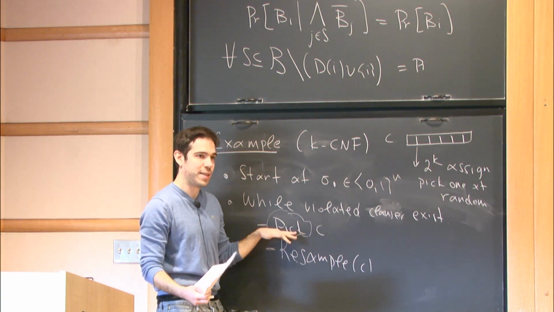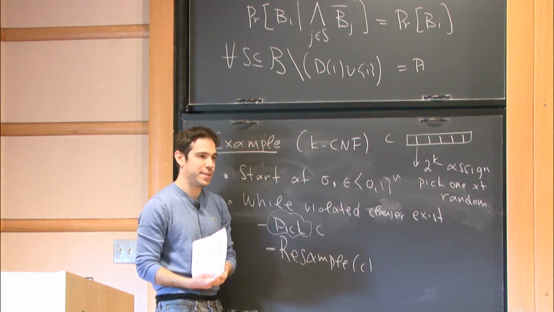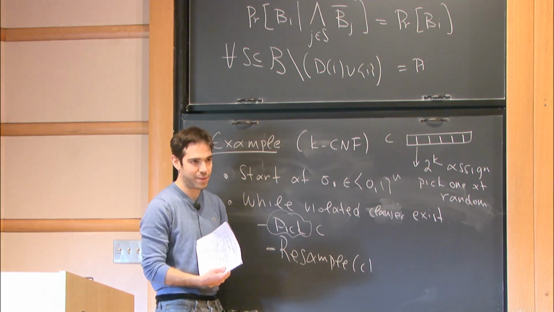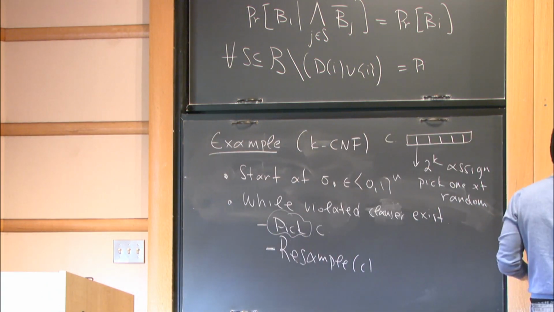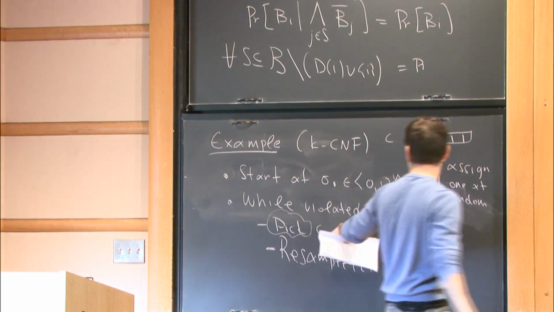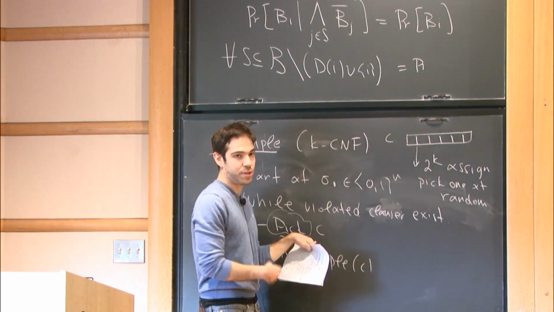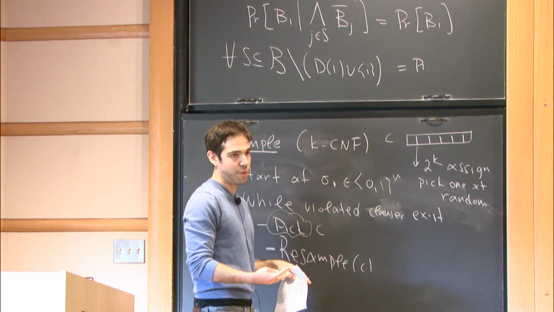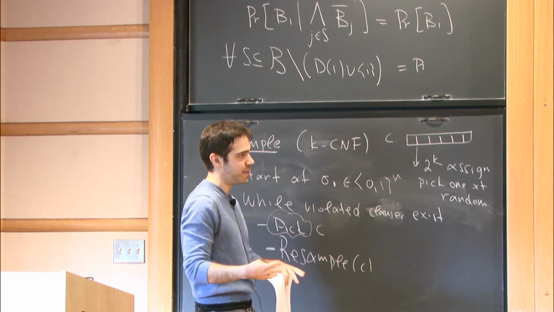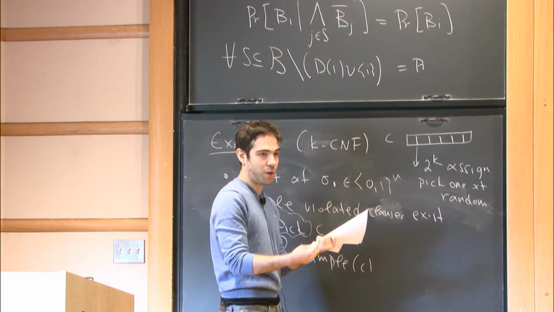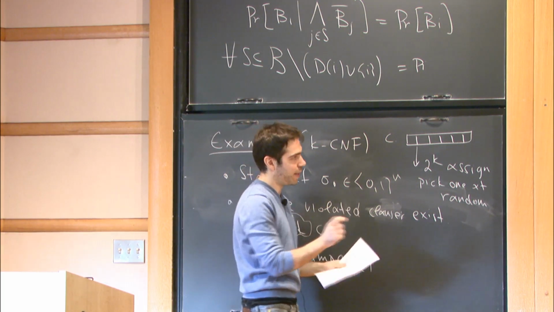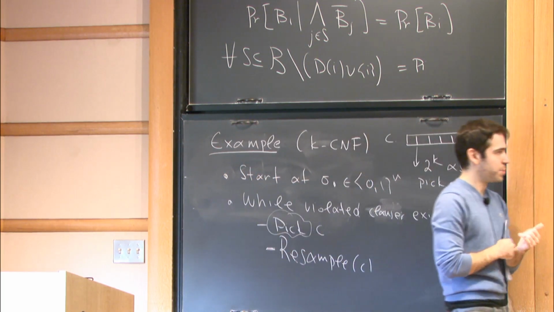So I'll do it once here, and then you can believe me later. So what is this way to pick a clause at each step? It's kind of a recursive way. It's like doing a DFS in the graph that is induced over the set of clauses, where each edge corresponds to variable sharing.